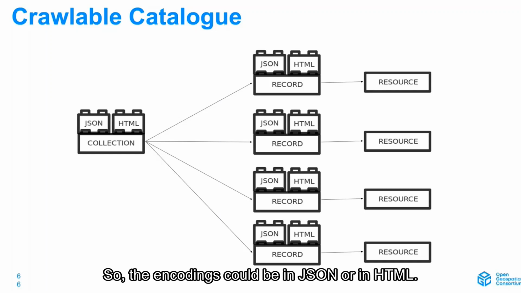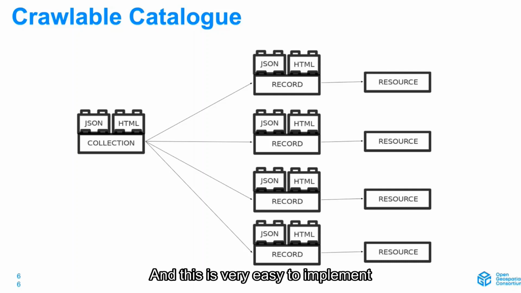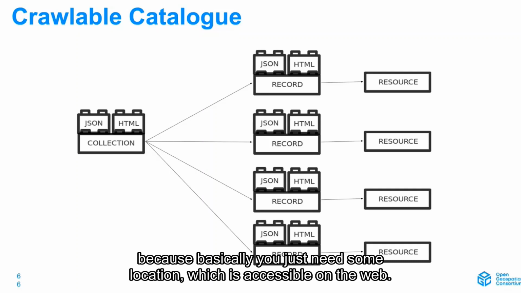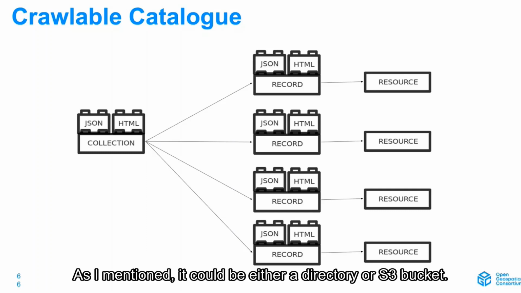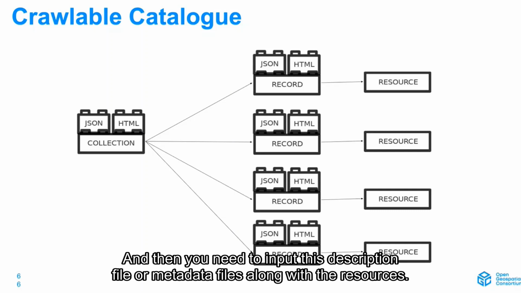The encodings could be in JSON or in HTML. This is very easy to implement because you just need some location which is accessible on the web. As I mentioned, it could be a web directory, it could be an S3 bucket, and then you need to put there these description files, these metadata files, along with the resources.